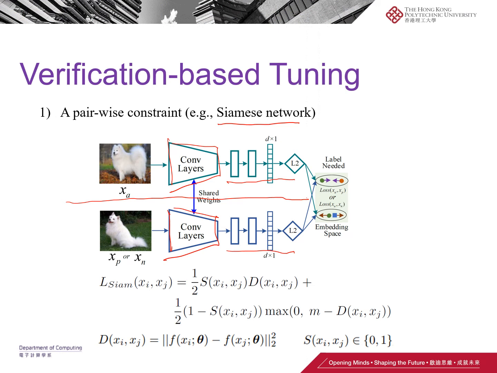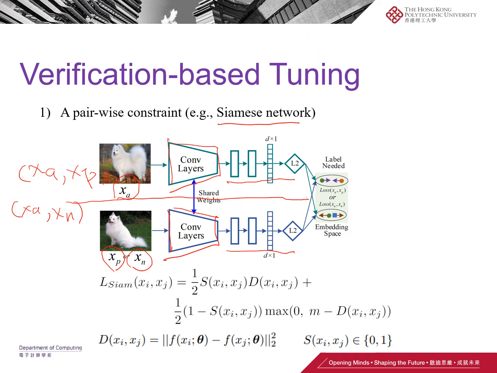The idea is every time during training, we input a pair of images. Like here we have XA, we have XP or XN. Every time we either input a pair of XA and XP, where P stands for positive examples, or we are inputting XA and XN, where N stands for negative examples.